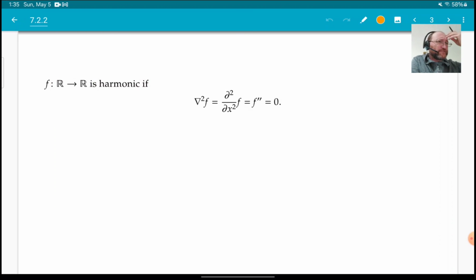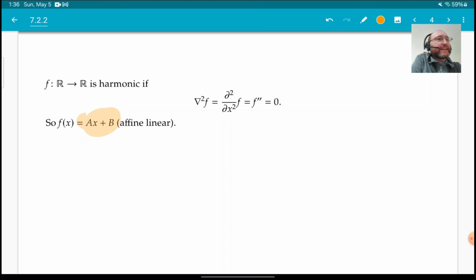But if we have just one variable, f is just a real valued function of one real variable, and the Laplacian is just the second derivative in x. Second derivative is 0. Well, that just means the function is some ax plus b for two constants, a and b. It's affine linear. So those are all the harmonic functions.